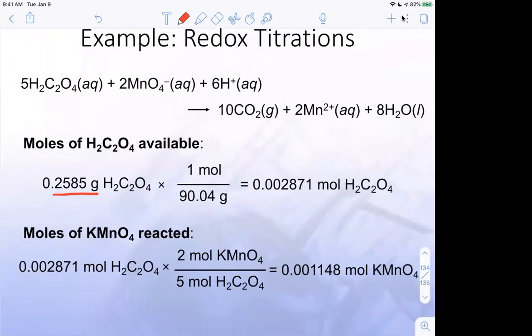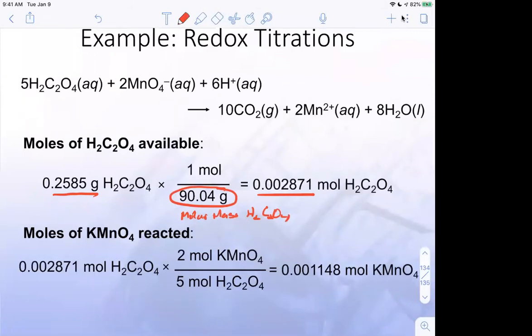If I use 0.2585 grams of oxalic acid, this is the molar mass here of H2C2O4. So when I do that calculation, I get 2.871 times 10 to the minus 3 moles of oxalic acid.